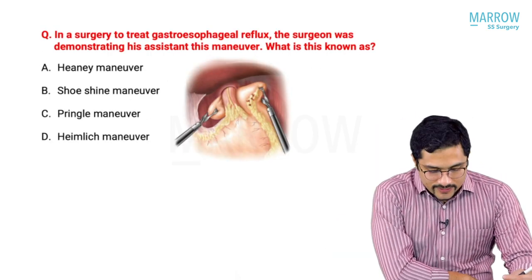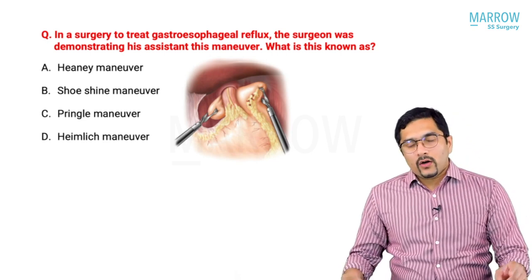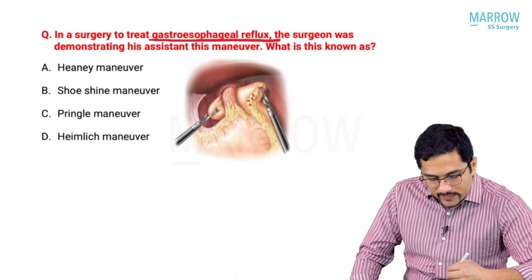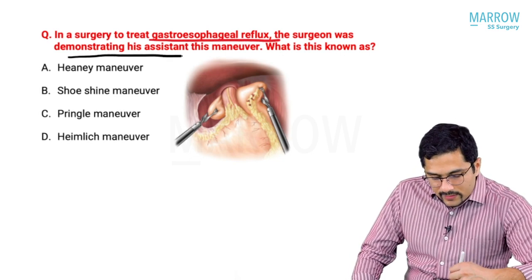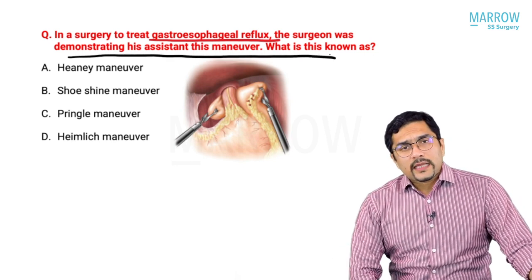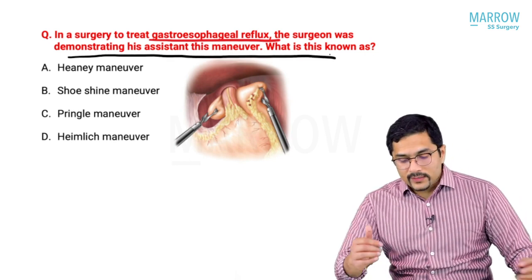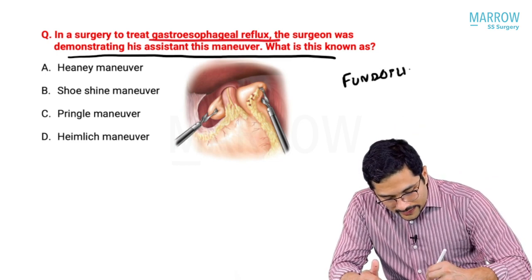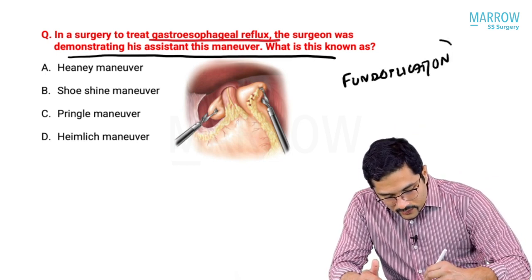This was again a very interesting question. They had shown an image of a patient undergoing surgery for gastroesophageal reflux disease, and the surgeon was demonstrating to his assistant this maneuver. Now, you know that for gastroesophageal reflux disease, we carry out fundoplication, right?